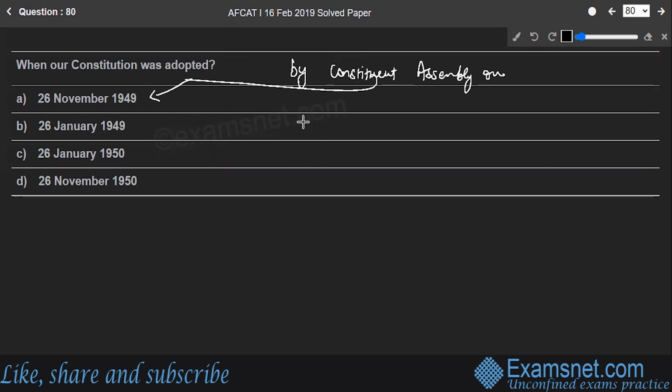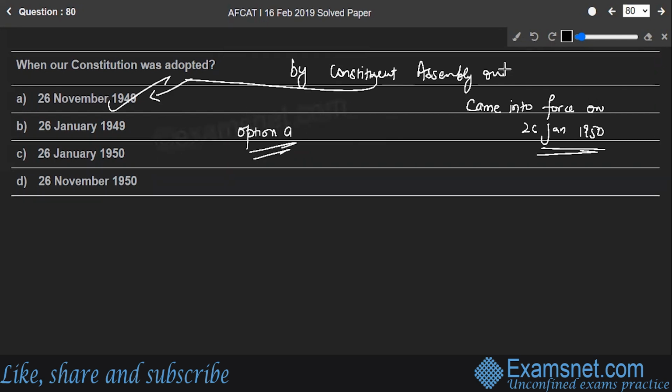And it came into force on 26 January 1950. The Constitution provides for a parliamentary form of government, which is federal in structure with certain unitary features. So we have option A as the answer to our question. Let's move to the next question. Hope you are clear with this.